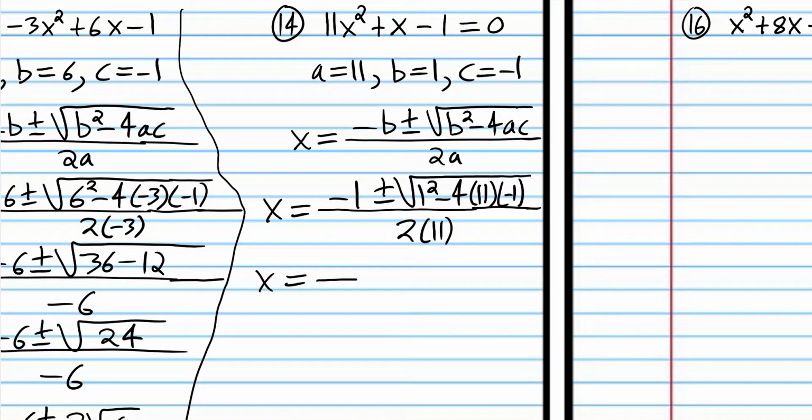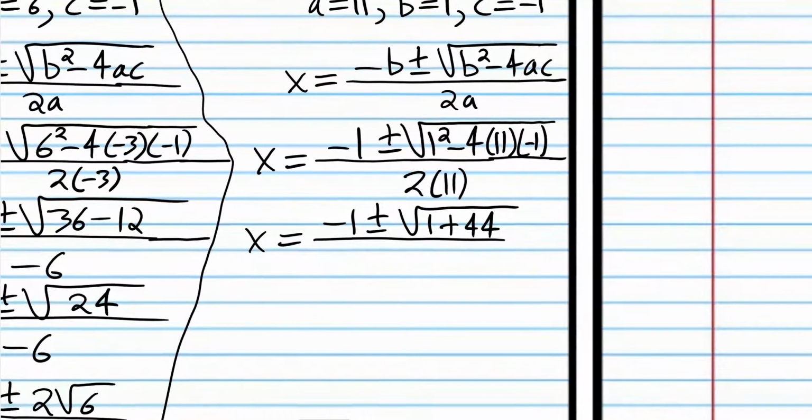So now we just have to simplify that expression. One squared is 1, and -4 times 11 is -44, and -44 times -1 is +44. And 2 times 11 is 22.